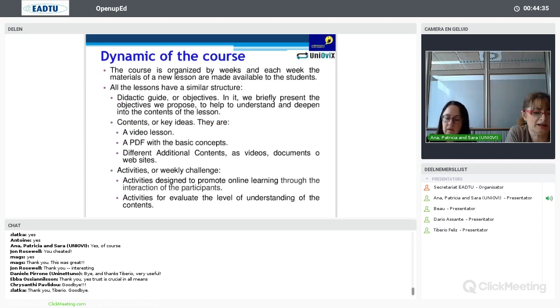The course is organized by weeks, and each week the materials of the new lesson are made available to the students. The lesson has the same structure on the platform, although with different denominations in each of the 2 courses. Didactic need or objective: in that section, we briefly present the objective, contents, and activities that we propose to help the student understand the contents of the lessons.